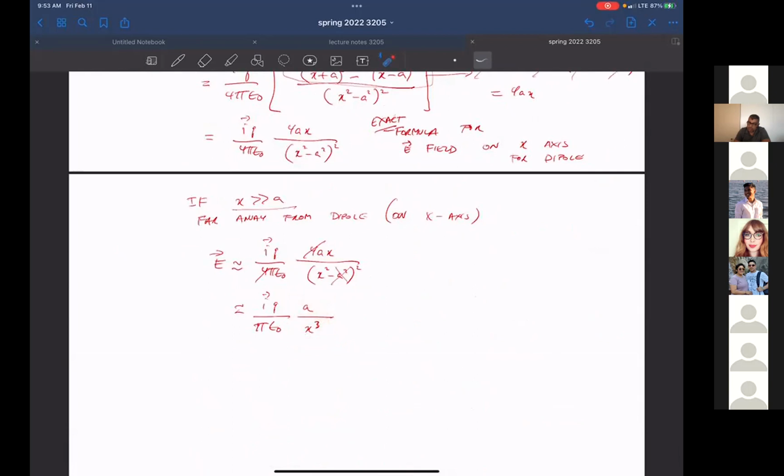If this was a single charge, we would have something like 1 over x squared. But with this opposite charge in the pair, the electric field is dropping off much, much faster in that horizontal direction to the dipole. Okay, everybody with me?